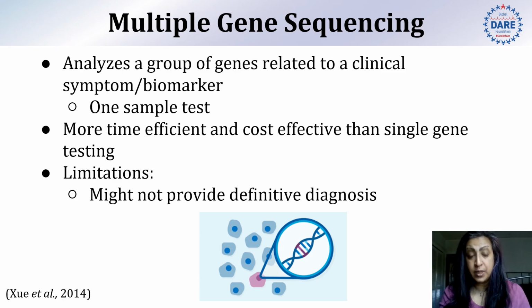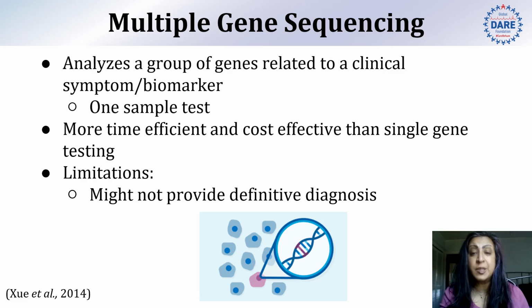Multiple gene sequencing analyzes a group of genes that are related to a specific clinical symptom or a biochemical marker, all from one single sample. This method is more time efficient and cost effective than testing for one gene at a time.